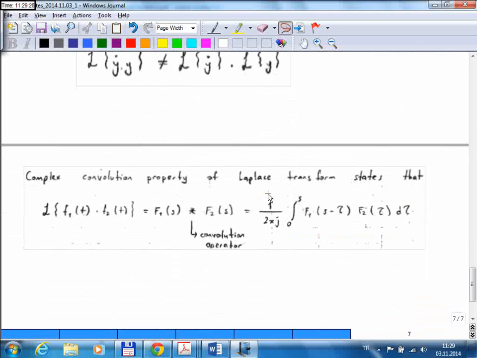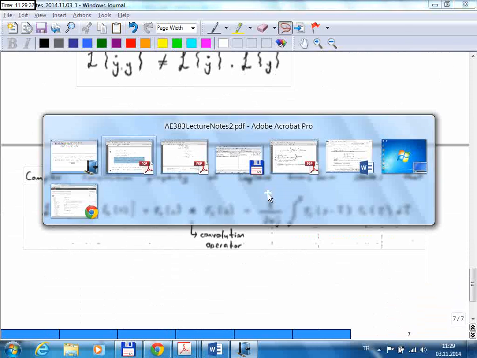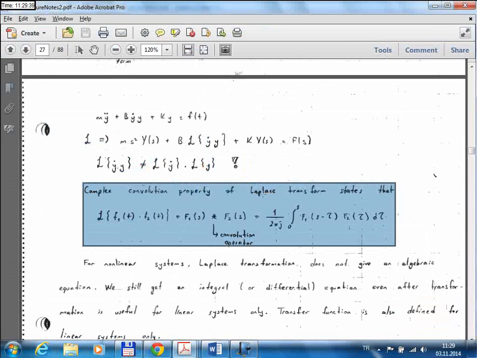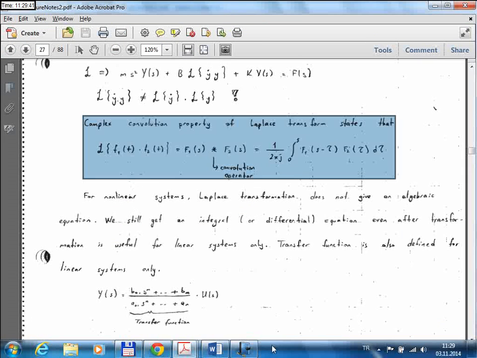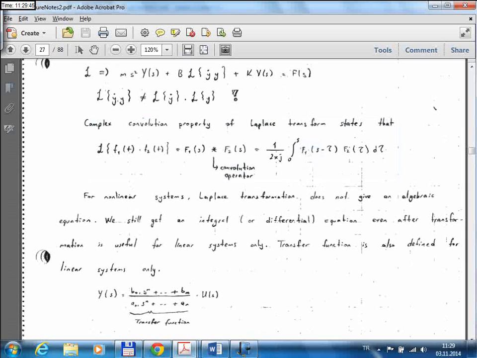So for this nonlinear system, if you take the Laplace transformation, you end up with this integral equation, and that is not any simpler than solving the differential equation in the time domain. You end up with an integral equation or a differential equation again. That's why we use the Laplace transformation approach only for linear systems.